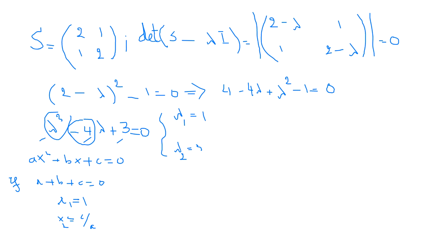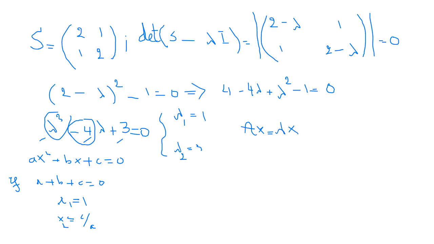Now, to obtain the eigenvectors, which were proposed here in these slides, we said we need to solve this equation that Ax should be equal to what? To lambda x. Am I right?